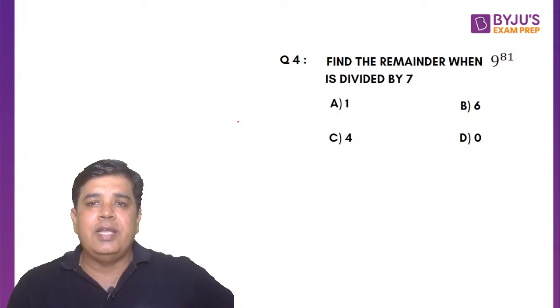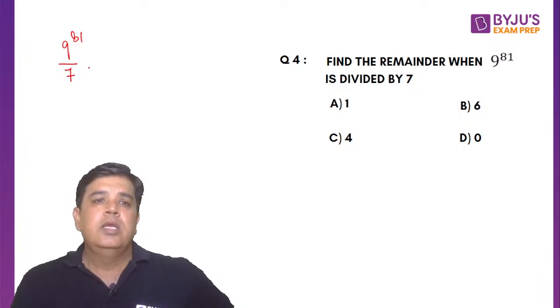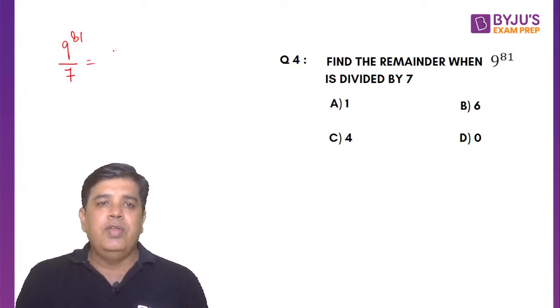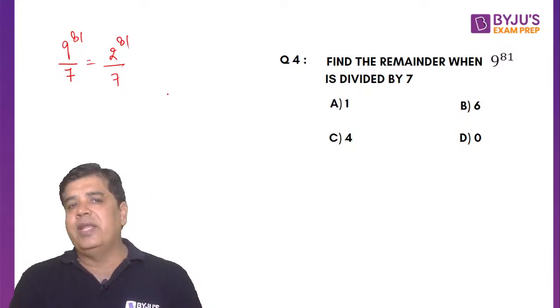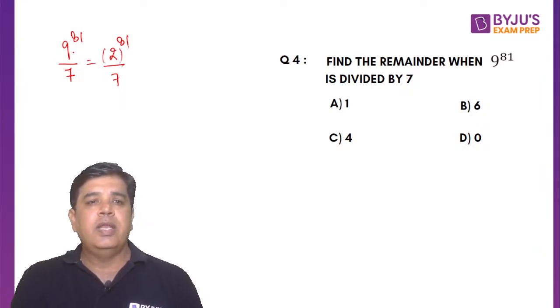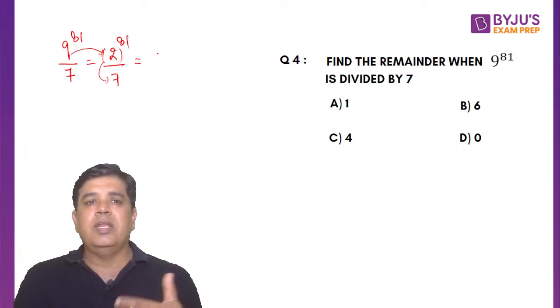Next is related to finding the remainder when 9 raised to power 81 is divided by 7. This means we have 9 81 times, and each time it is divided by 7. So every time the remainder will be 2, 81 times. So the trick is to divide 9 by 7, and whatever is the remainder, write that remainder in place of 9. Now 2 is less than 7, so I will try to increase this number.